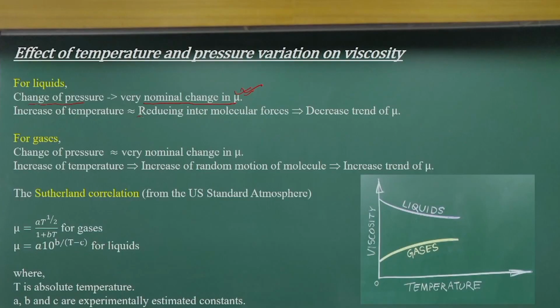You look at it in terms of molecular motion as mass exchange and momentum exchange. But temperature relates to how many collisions are happening. The temperature of the fluid indicates how the molecular motions are sustained at that temperature. So when you increase the temperature, you definitely increase the random motions.